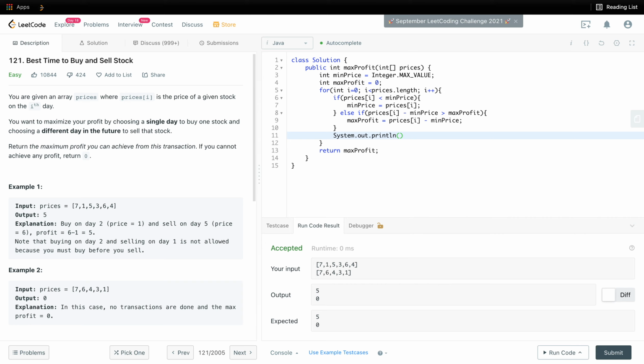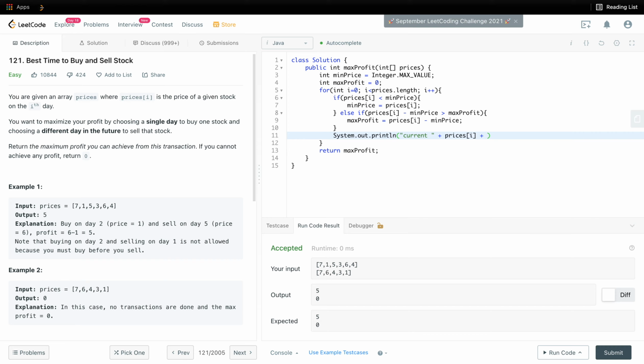So here what are the things we can print? Obviously we'll print our current price, which is prices of i.